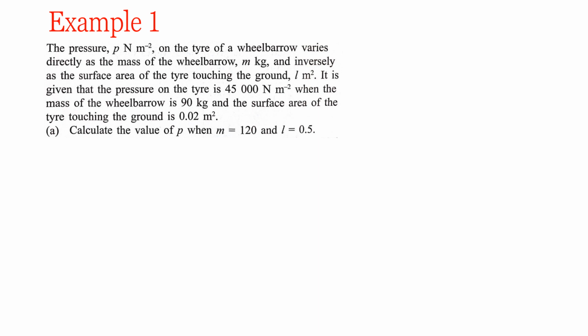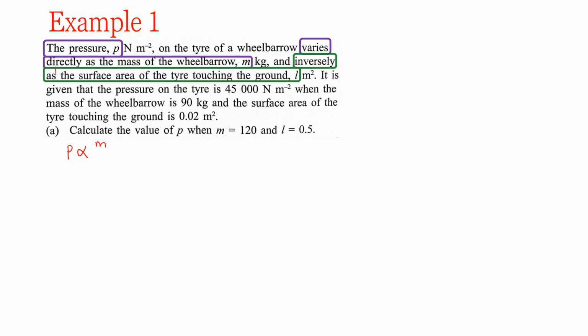So the first step is you need to write the variation relation. For this problem, the variation relation is like this. The pressure P varies directly as the mass of the wheelbarrow, and inversely as the surface area of the tire touching the ground L. Next, you need to write it in equation form.